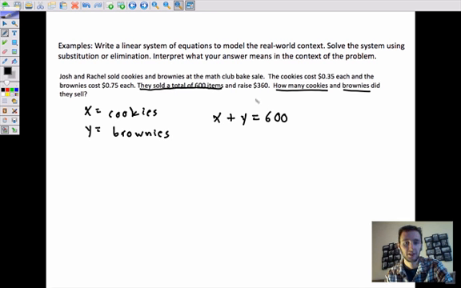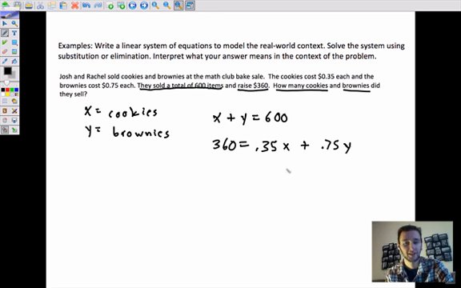We also know that they raised $360. So another equation we could write is that $360 equals the number of cookies sold times the price, 0.35 times the number of cookies sold, plus 0.75 times the number of brownies sold.